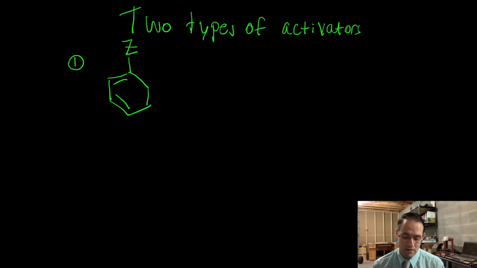And there are lone pairs on this atom, okay? So Z can be oxygen, nitrogen, sulfur, maybe a halogen. We'll talk about halogens at the end, but these are electron donating groups, and they're pi donating because these lone pairs are conjugated. There's a resonance structure you can draw, and these are in a p orbital, okay?